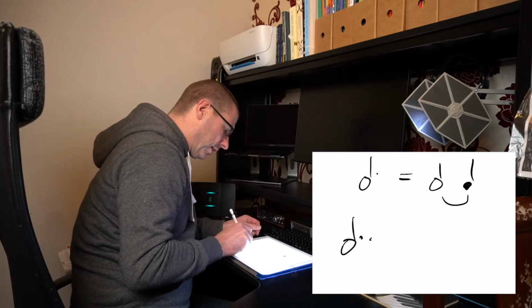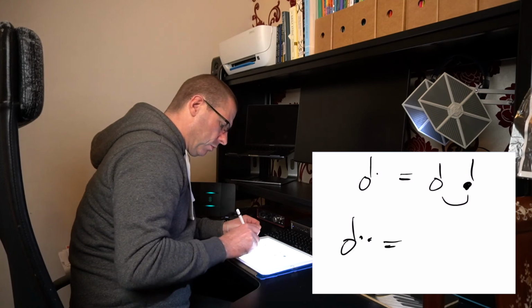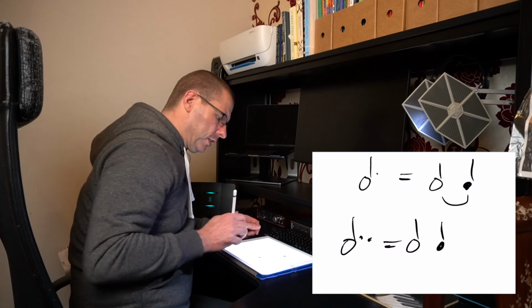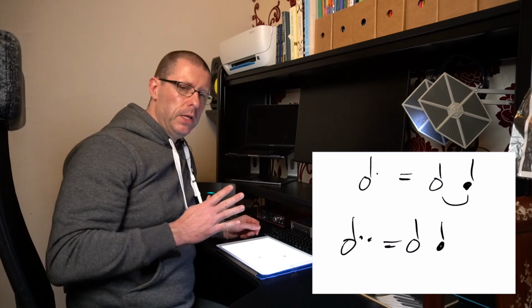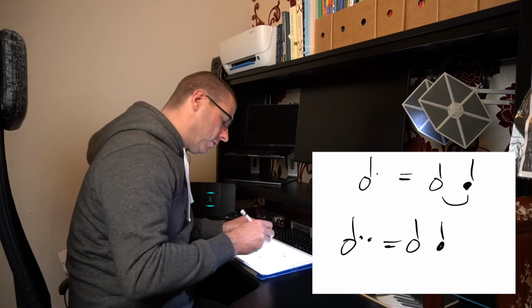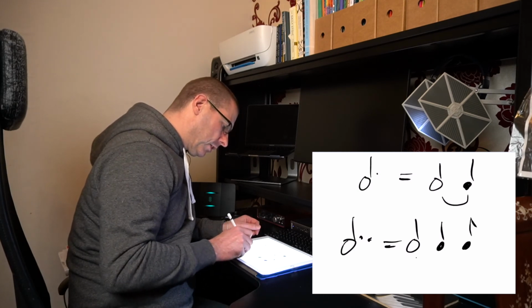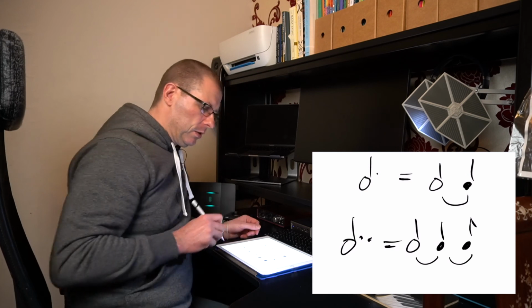So if I double dot that, we would have a minim tied to a crotchet, because that's half the value of the minim, and half the value of the crotchet is a quaver. So what we do is we have this, and they would be tied. Alright, so you wouldn't sound them, obviously.